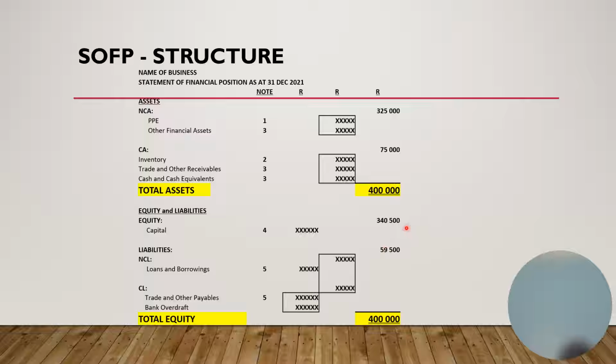So when we add equity and liabilities, they give us the total equity and liabilities, which should be equal to the total assets. Okay guys, I hope that was understandable. Let's go to the next slide.